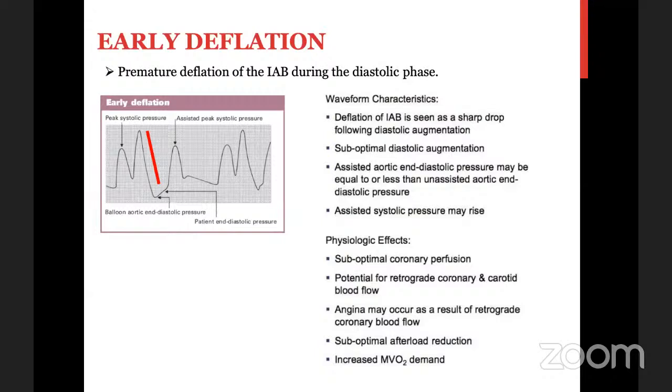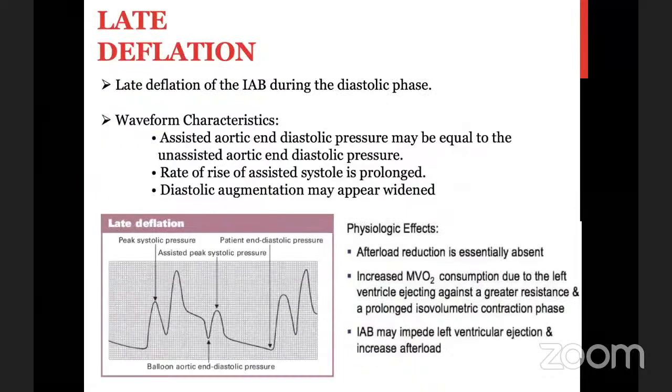Physiological effects: suboptimal coronary perfusion, potential for retrograde coronary and carotid blood flow, angina may occur as a result of retrograde coronary blood flow, suboptimal afterload reduction, and increased oxygen demand in this situation.